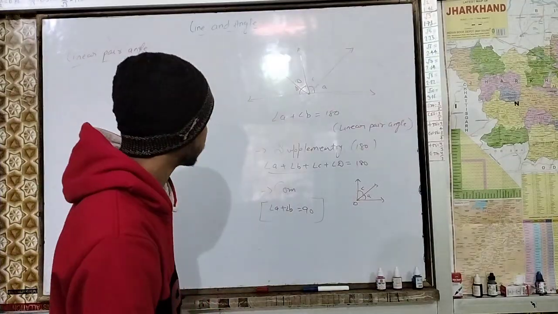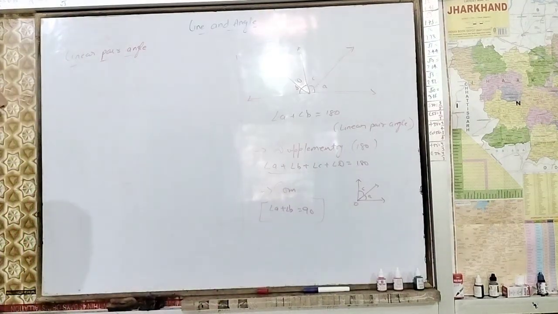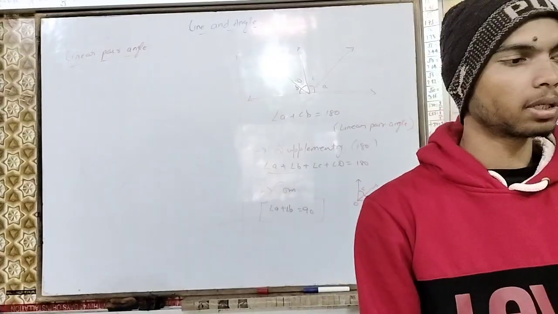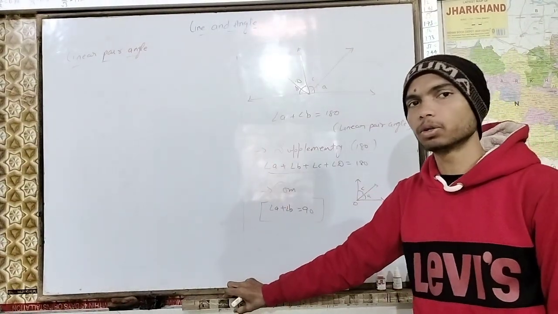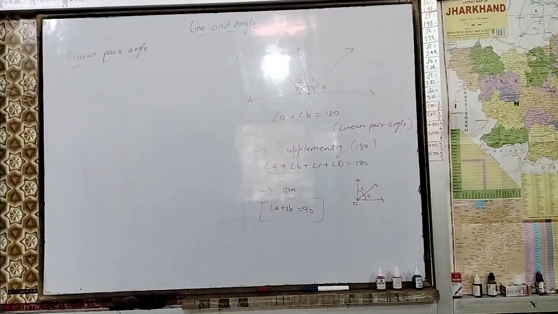That's it. We have seen supplementary angle, complementary angle, and linear pair angle. Linear pair angle means the sum of angles would be equal to 180 degrees. There would be a straight line.